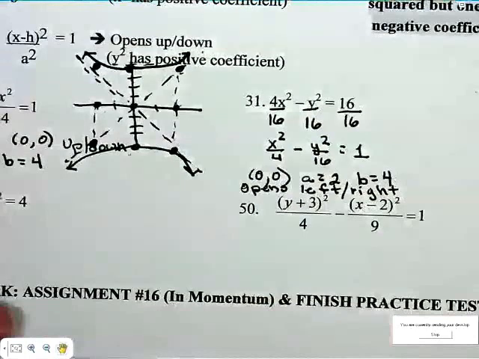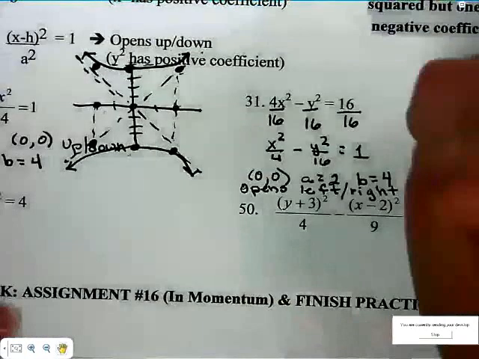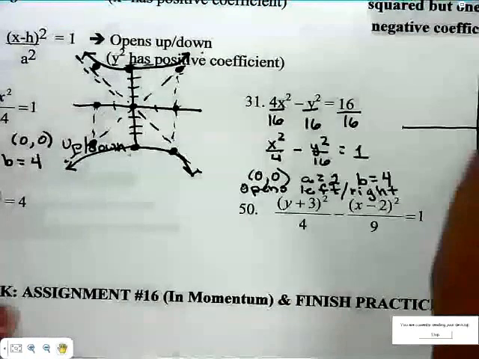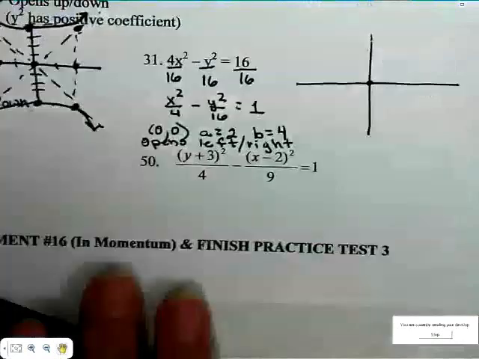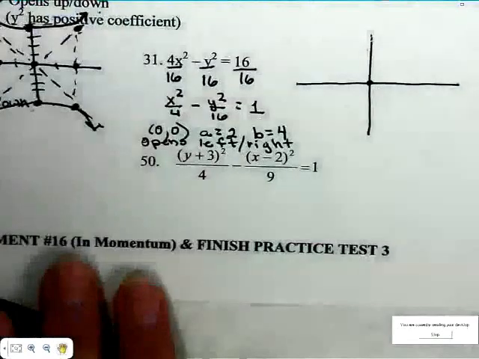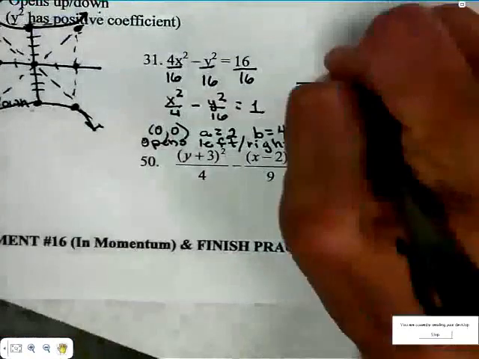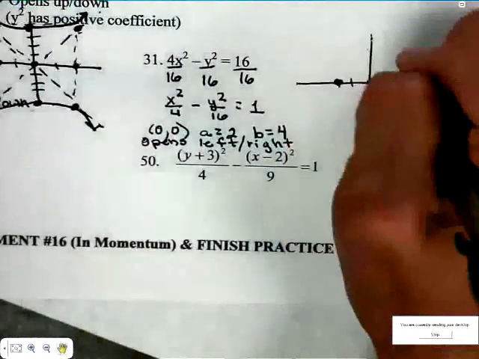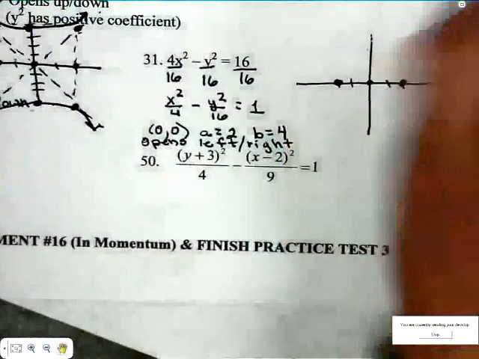All right, here we go. Just like an ellipse, plot the center. And then go left and right 2, up and down 4.